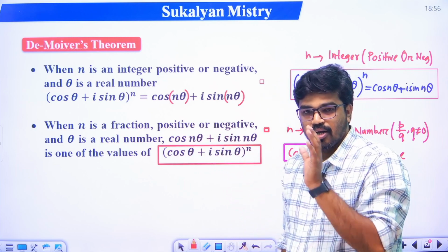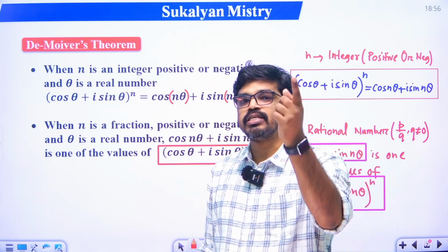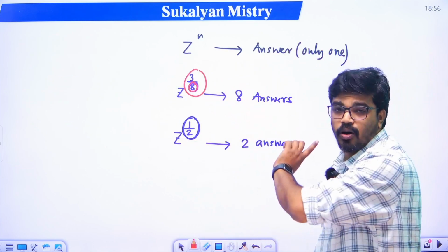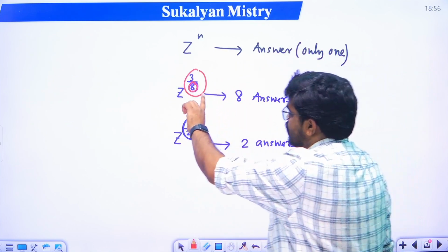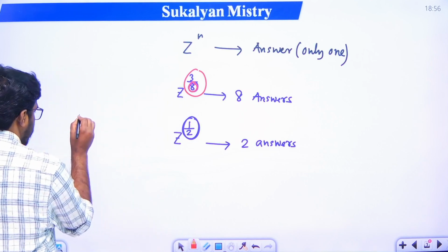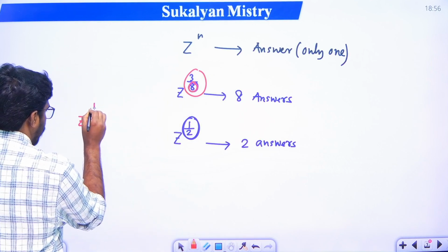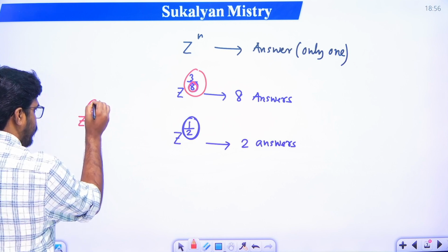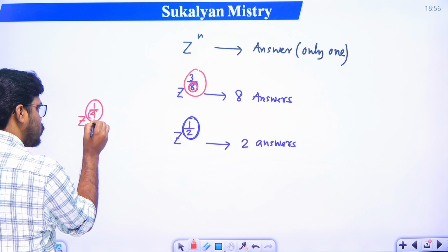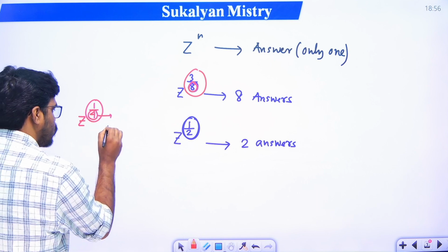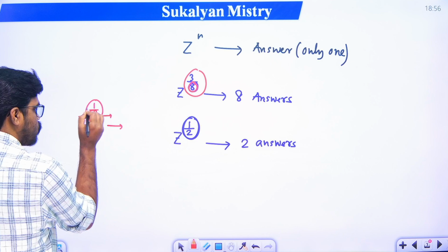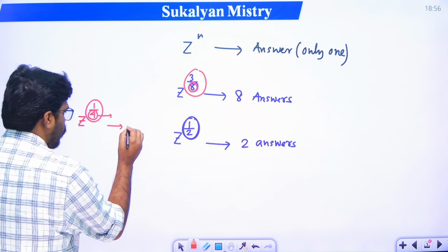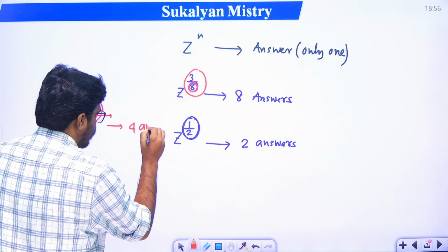That means if the power is an integer, you get only one answer. But if the power is a fraction, suppose z to the power 1/4, this is a fraction, so p by q, the denominator is the number of answers. So z to the power 1/4, you get 4 answers.